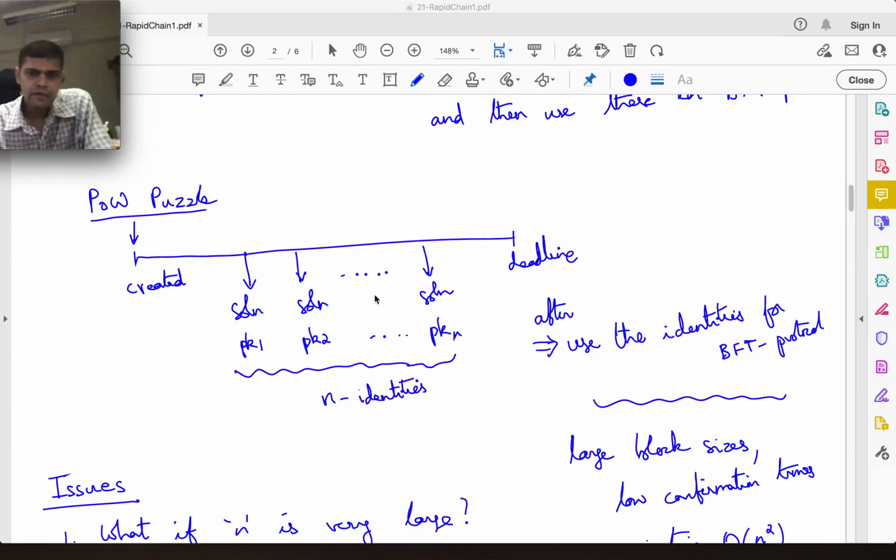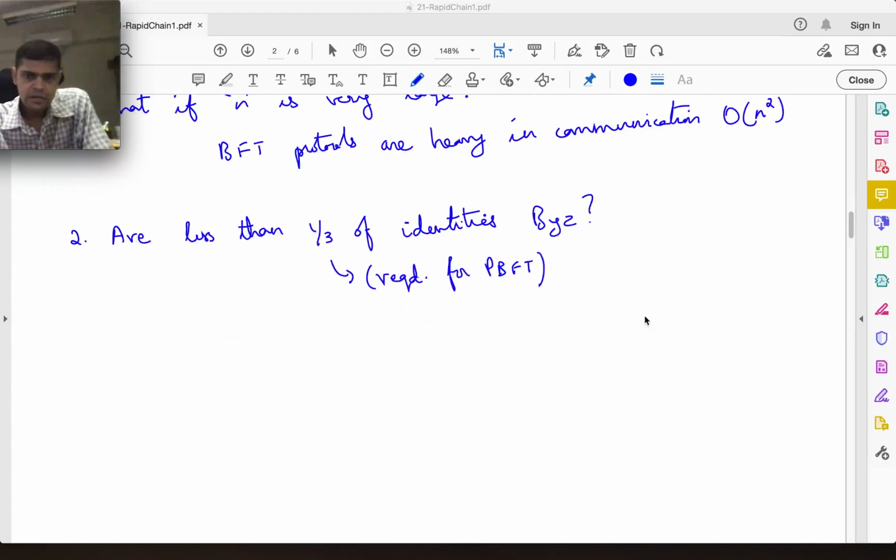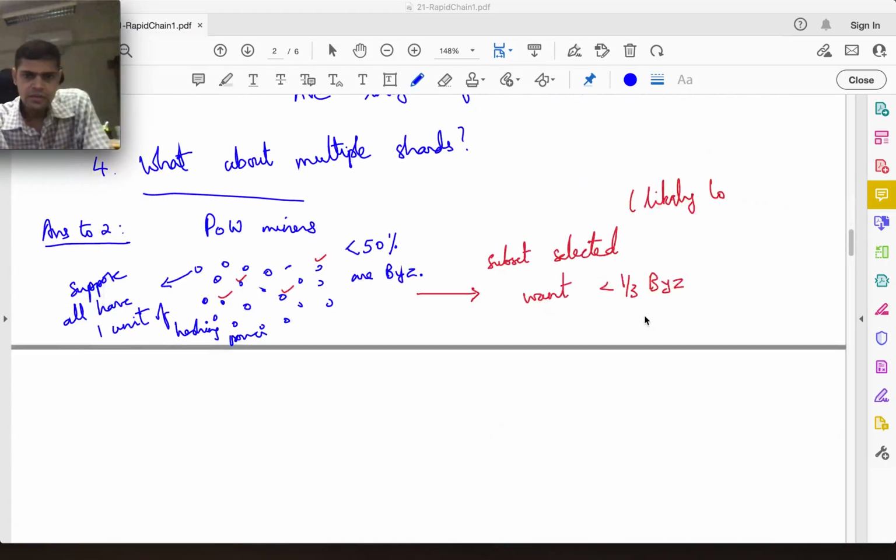Well, if we have somewhat less than 50% among this set of nodes which are participating here, then with high probability the Byzantine nodes selected are going to be less than the threshold allowed by this BFT protocol, right? So let's go into a few of the details.